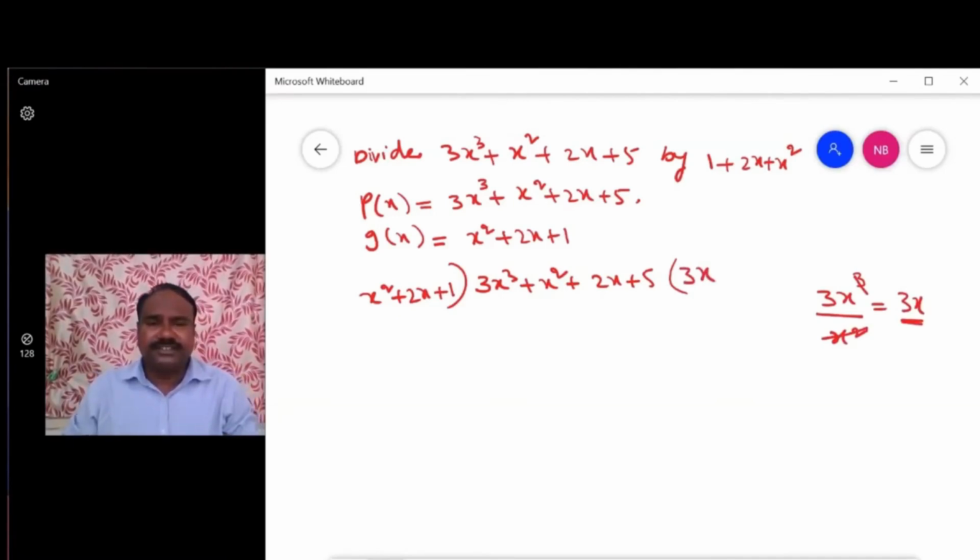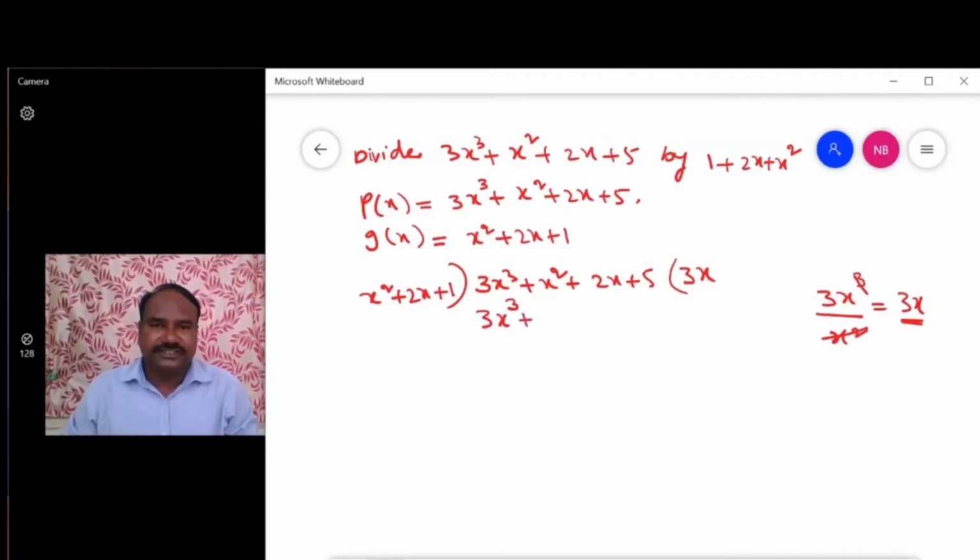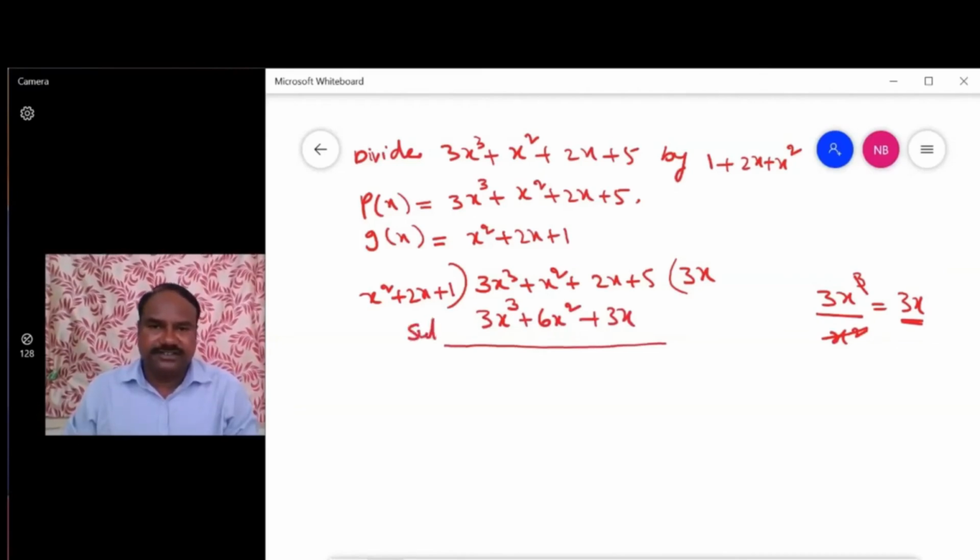Now multiply this x square plus 2x plus 1 with this 3x. 3x into x square is 3x cube. 2x into 3x is 6x square, x into 3x is 3x. Now we have to do the subtraction. While subtracting, the symbols change.